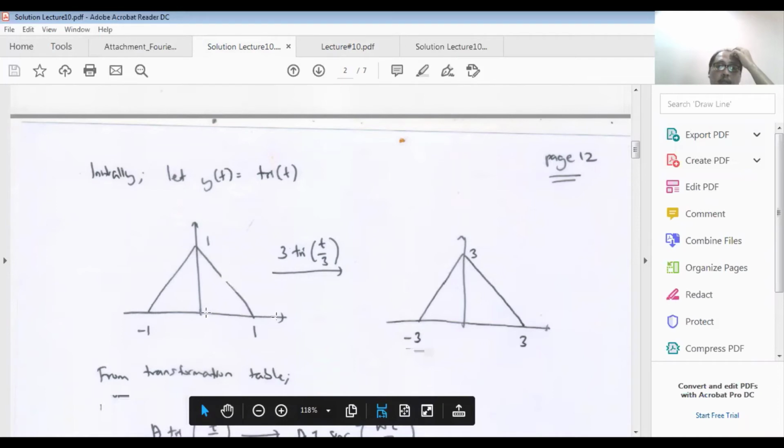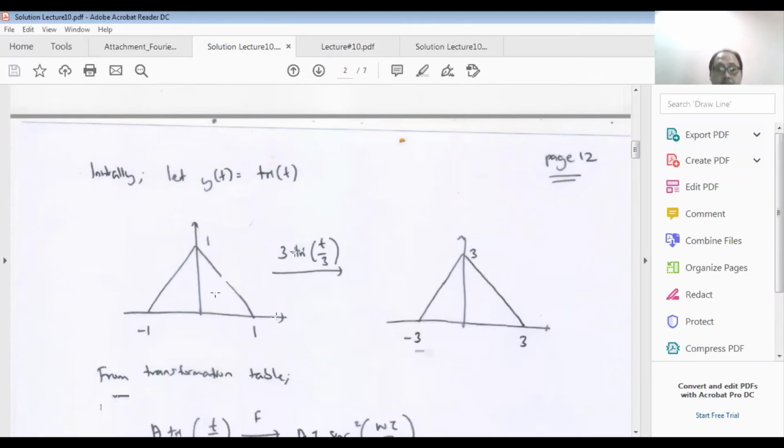A transformation from this triangular T signal to this one, where the amplitude is scaled by 3 and the time duration is from -3 to +3, can be written mathematically like this: 3 triangular T over 3. I hope you can work out how we managed to get this.